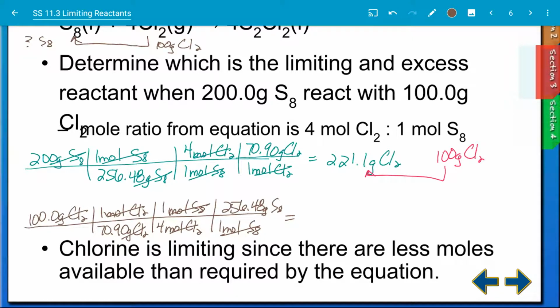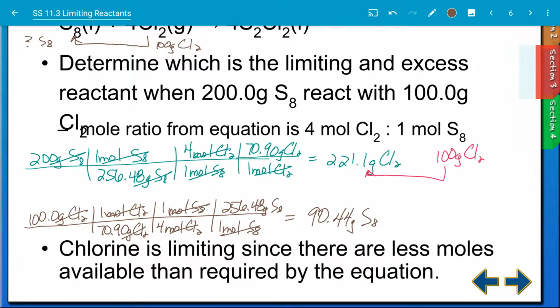So I take 100 grams of chlorine divided by 70.90, divide that by 4, then multiply by 256.48. That gives me 90.44 grams of S8.